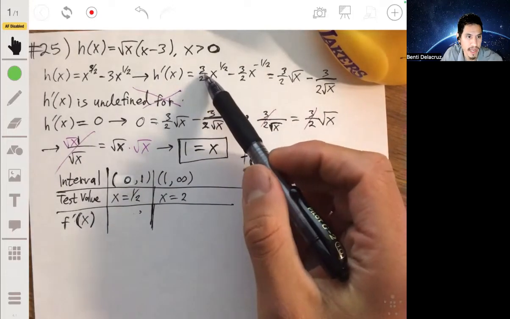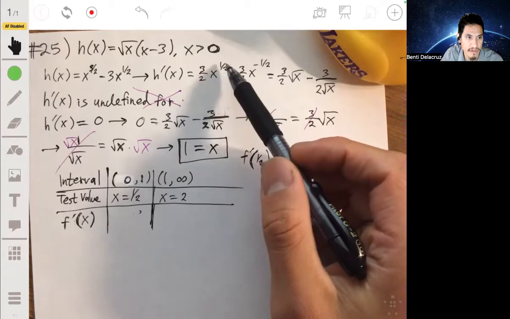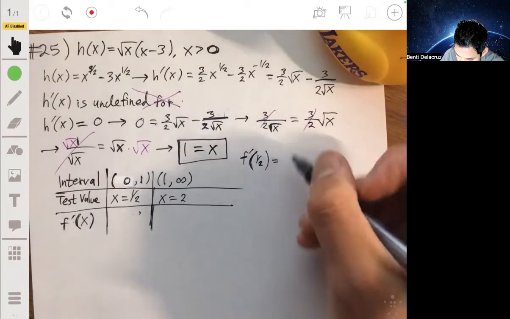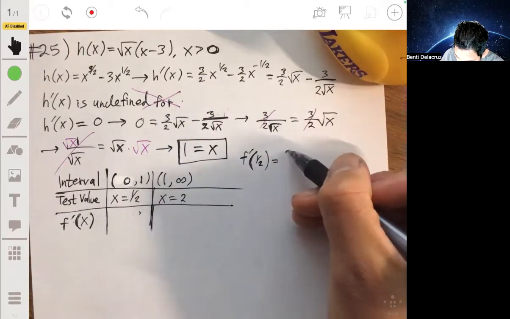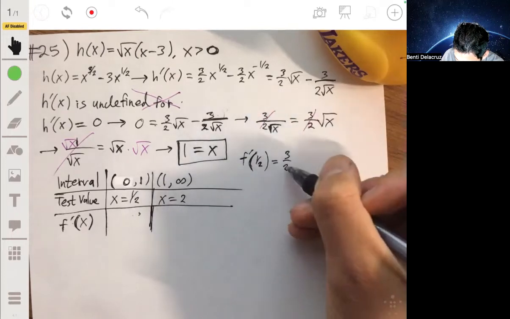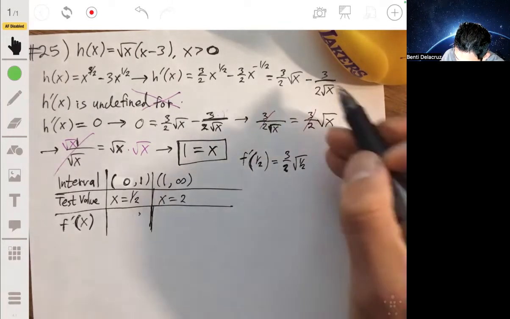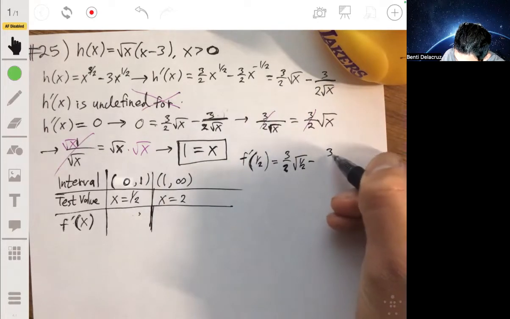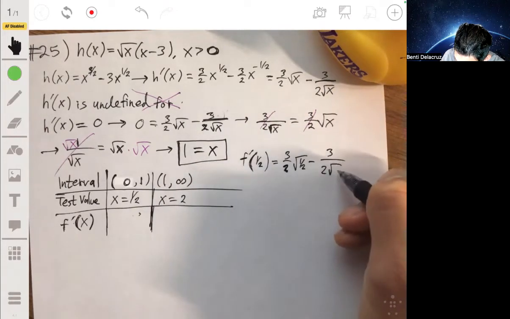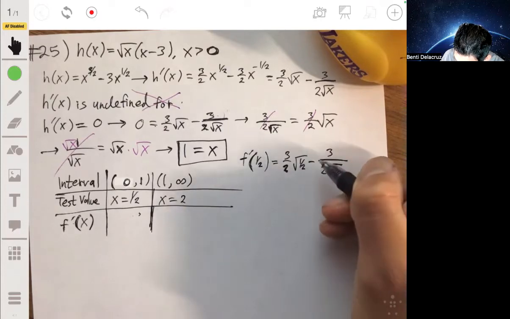You're going to have 3/2 times the square root of 1/2 minus 3/2 times the square root of 1/2. Interesting.